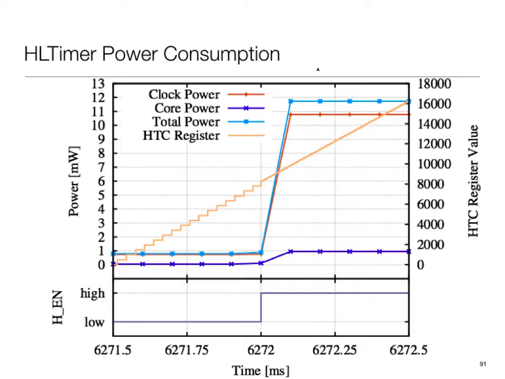One idea is I have a fast clock and a slow clock, and while I'm asleep I have the slow clock, and when the event comes, I switch to the fast clock. The other idea I'm proposing is that when you go to sleep, you have no clock. The event comes, then you start the clock, and then you project back in time. In that case, you can truly go to sleep, but you have to design the system carefully.